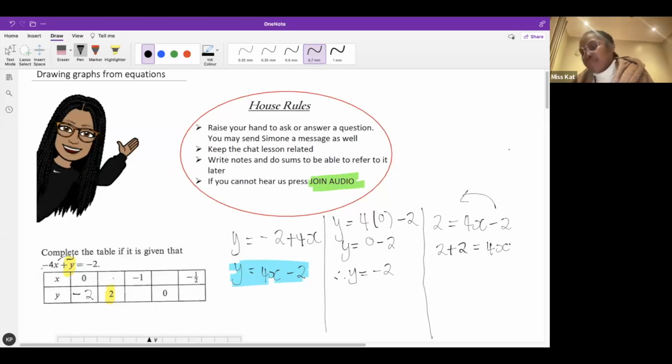Yes. And then we're just adding the like terms. So 2 plus 2, 4. It's 4 equals 4x. Now what? Then we divide both of them by 4. Divide both by 4. That makes x how much? 1. Beautiful. Thank you, Tando.